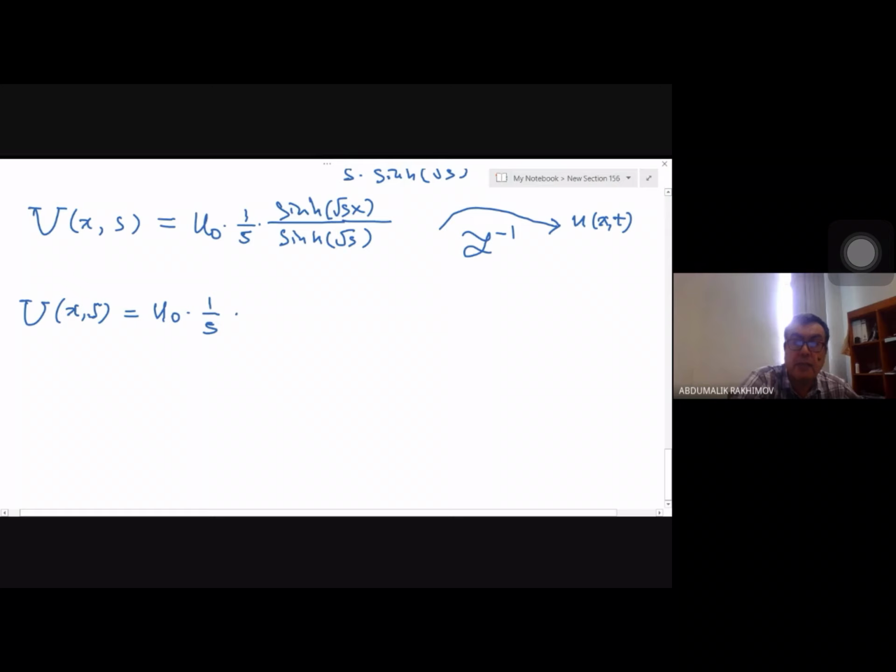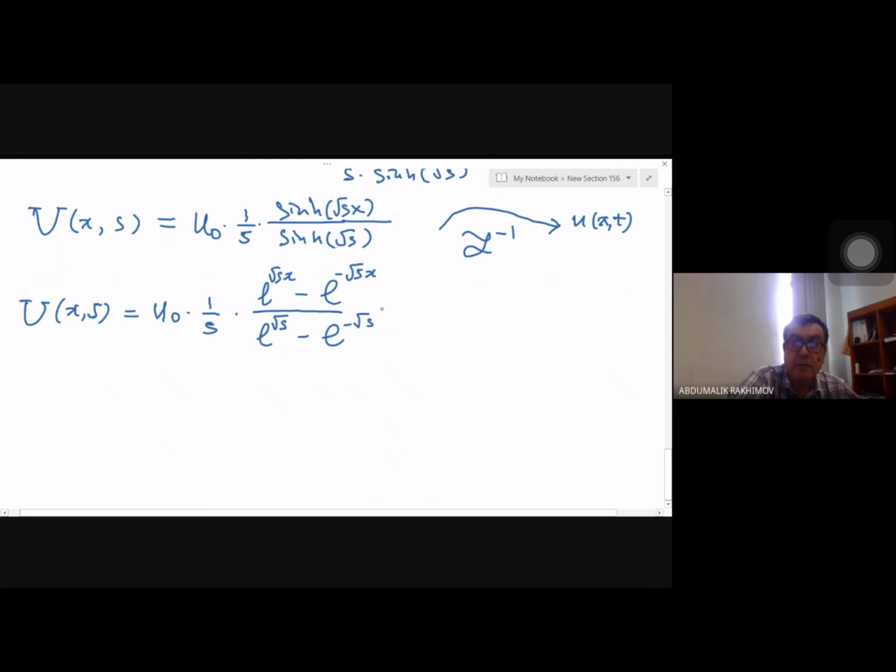Now, what is this sine hyperbolic? Sine hyperbolic is exponential of root of s x minus exponential of minus root of s x. This is the numerator over 2. I will not write over 2 because the denominator also has over 2. So the denominator I will write like this: exponential root of s minus exponential minus root of s.